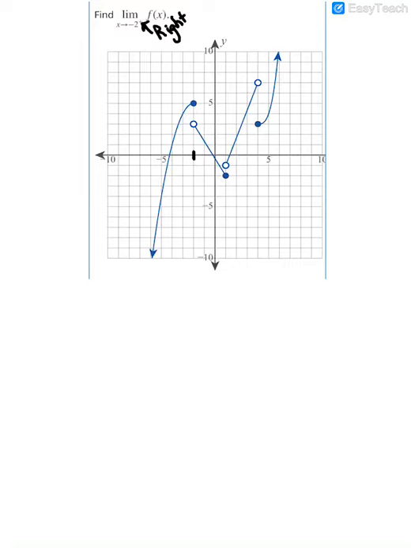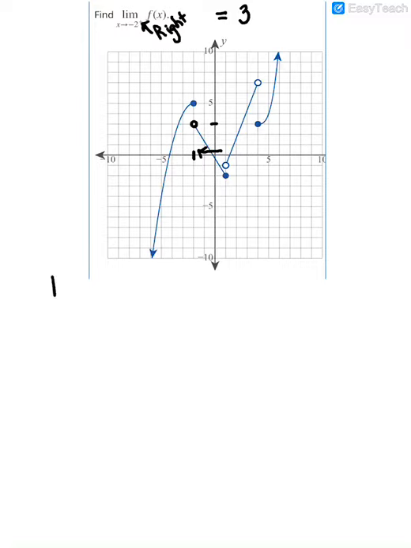If we're looking to the right side, that means we're coming in this direction as we get closer and closer to negative 2. So where is that y value? Even if it doesn't exist, the limit just means what is it getting closer and closer to. And you can see that that value is getting closer and closer to a y value of 3.